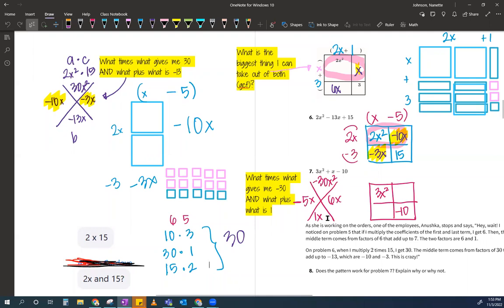Okay, so first times last gives me that. Bottom gives me that. Ask this question. But what do I do with this and this? Where do I put these two?